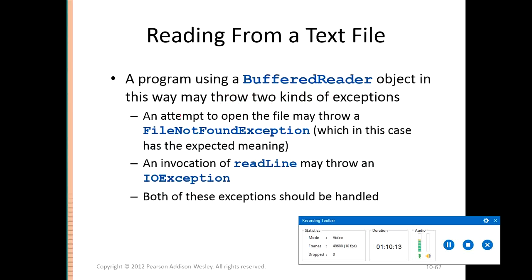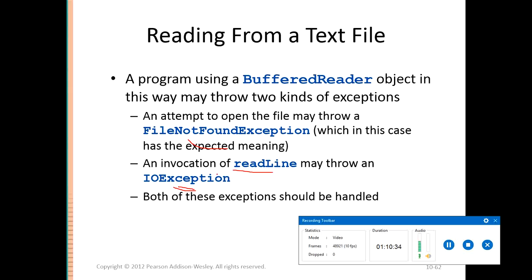Alright, but if we have more lines... and second, why are we throwing 2 kinds of exception, file not found and input output? Of course, file not found, because if we are opening a file which does not exist, FileNotFoundException has to be thrown, and invocation of readLine may throw IOException.